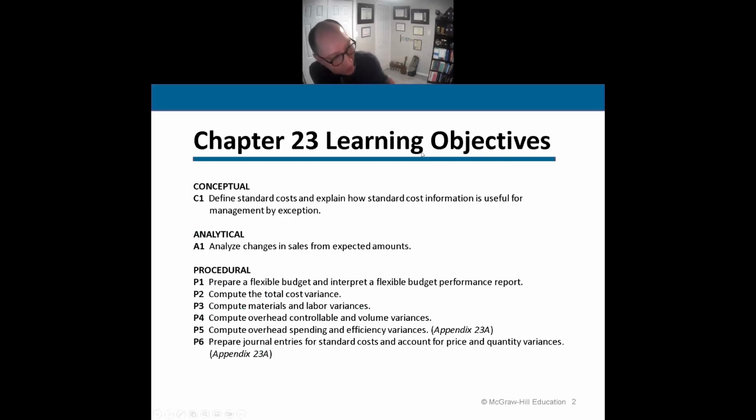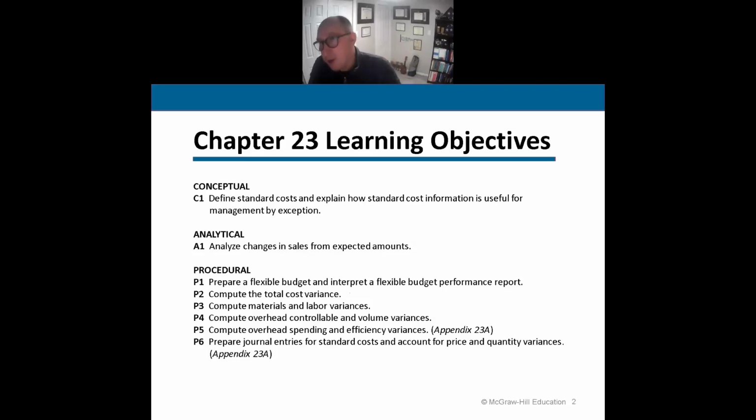Your sales might not be as you expected for the month. Your expenses might be a little off. So we need to be flexible in our budgeting. That's what the word flexible means. We need to be able to adjust accordingly. That's the concept behind having a flexible budget.